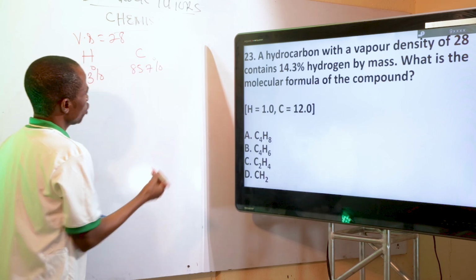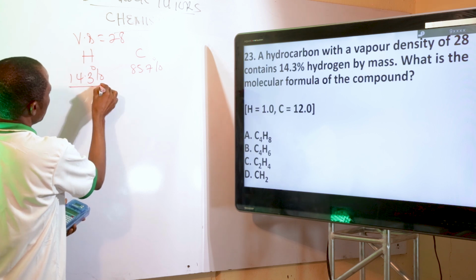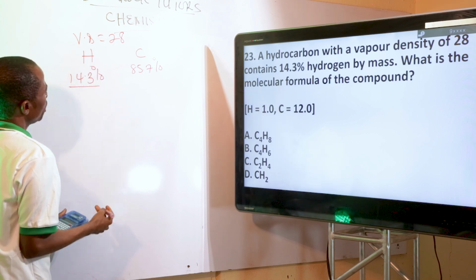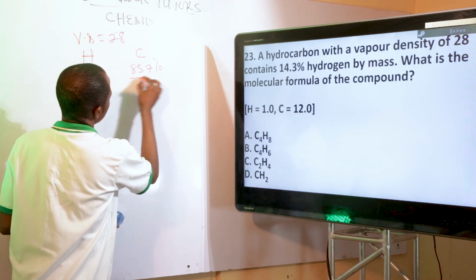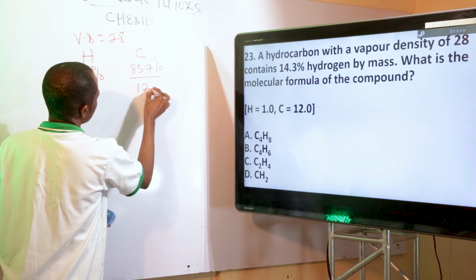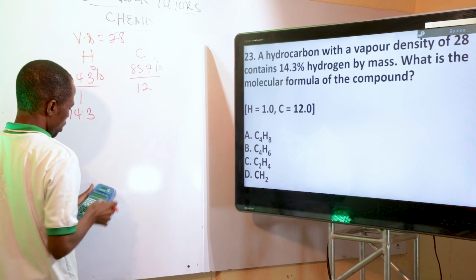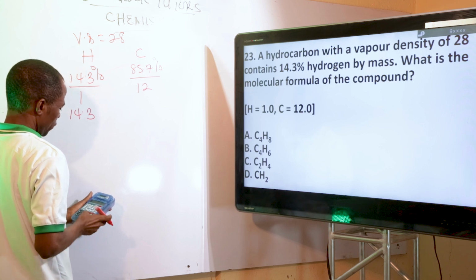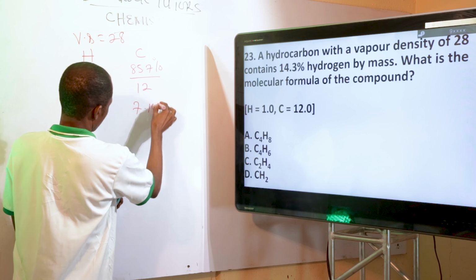85.7%. And if you want to calculate what the formula will be now, we are going to divide this one, first of all, by the atomic mass. That's 1. And we divide this by the atomic mass, that's 12. So this one will give us 14.3. And if we divide this one by 12, that gives us 7.14.